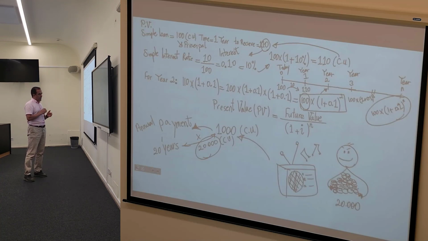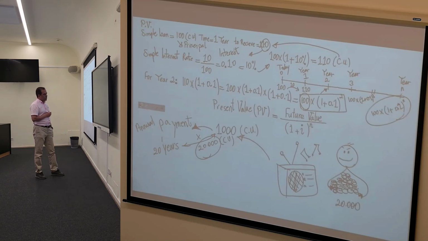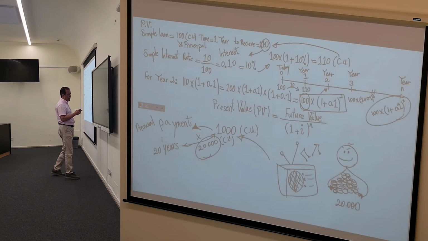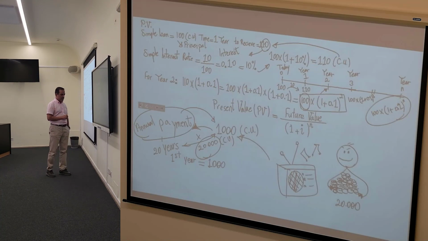But if we do a kind of calculation, we can see that this is not like that. Why? Because for the first year, as it is promised, we have exactly 1,000 currency units.